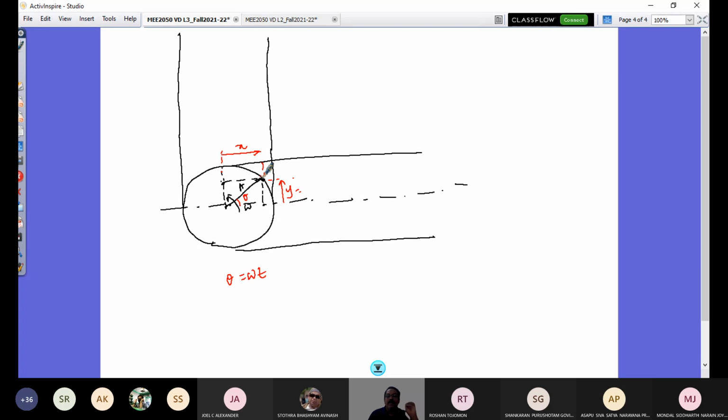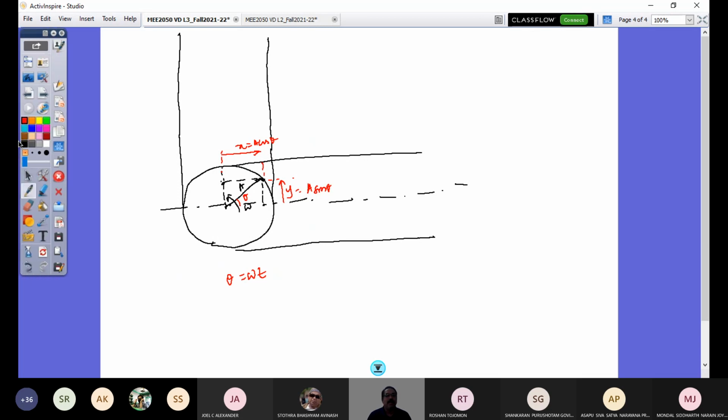Correct? The angular position of this vector A of magnitude A is theta. So what is my y? A sine theta. What is my x? A cos theta. So A sine theta and A cos theta can represent your simple harmonic motion. Both are required to represent your simple harmonic motion.